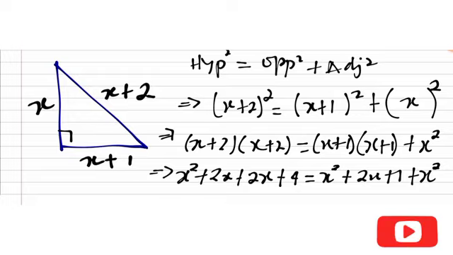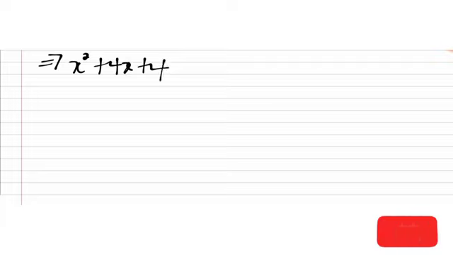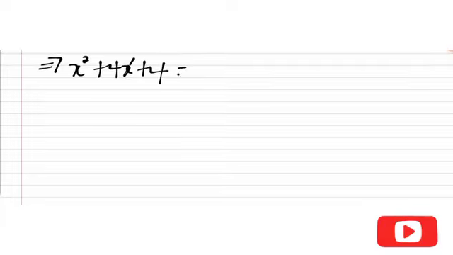From here we can see that this equation can be reduced to this form: x squared plus 4x plus 4 is equal to x squared plus 2x plus 1 plus x squared.